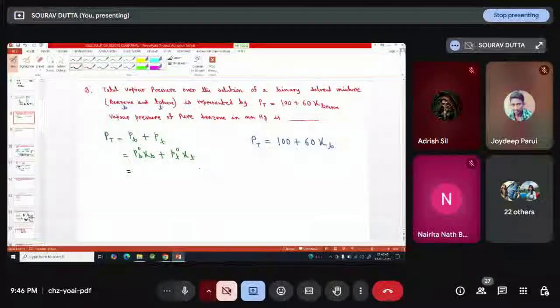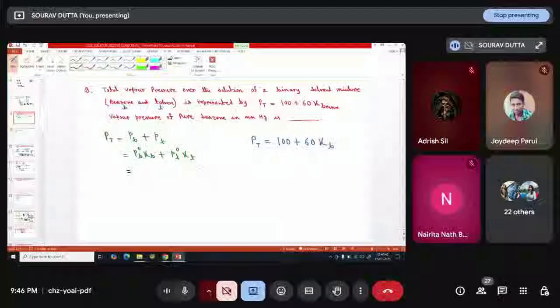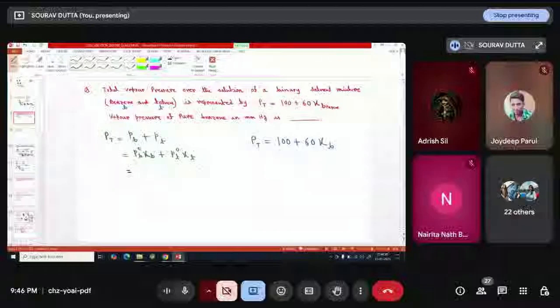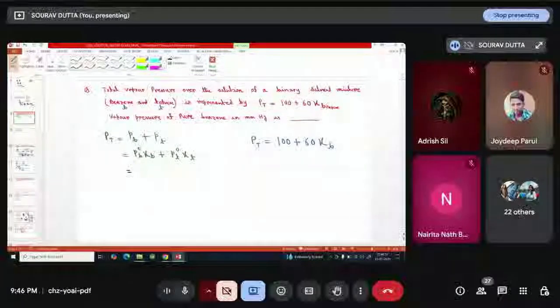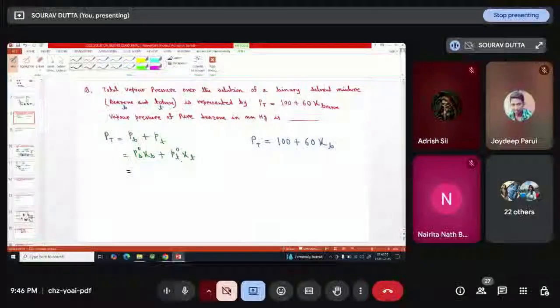You know, in liquid phase or vapor phase, the total mole fraction is always 1. In liquid phase, XA plus XB equals 1. In vapor phase, YA plus YB equals 1. Here in the liquid phase we have XB and XT, so XT we can write as 1 minus XB.